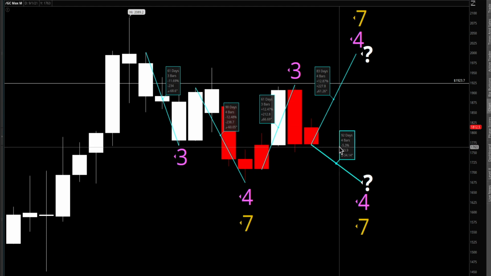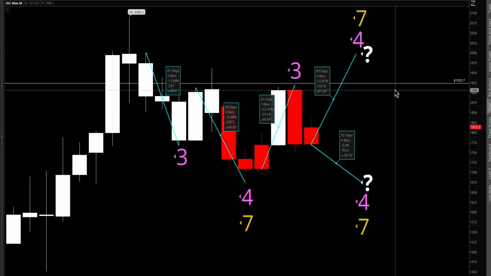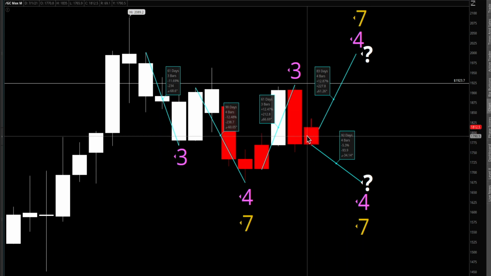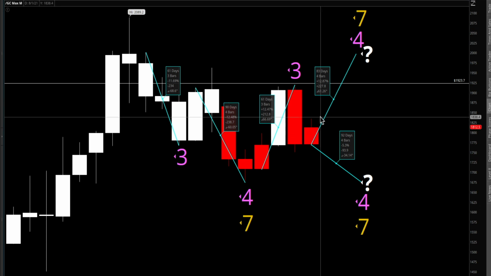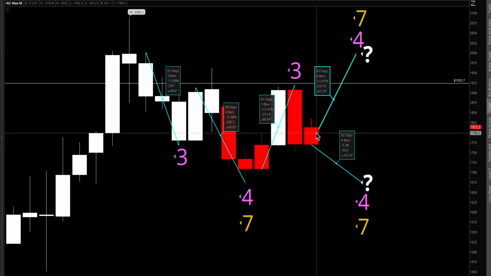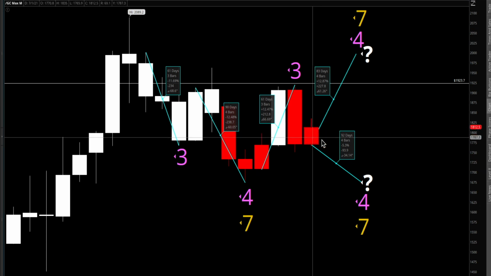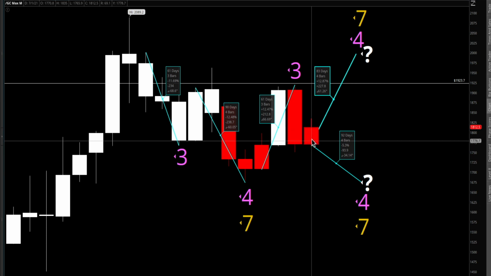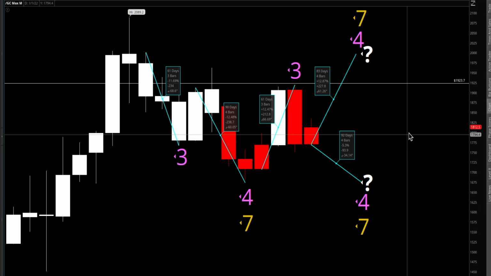And then reaction point 7, and then October do the 4. So that's the alternative count. There's a lot showing for the alternative count for August as a swing high. I'm going to show you why. But I'm going to stick with this one unless it changes. So I figured I'd show you that.